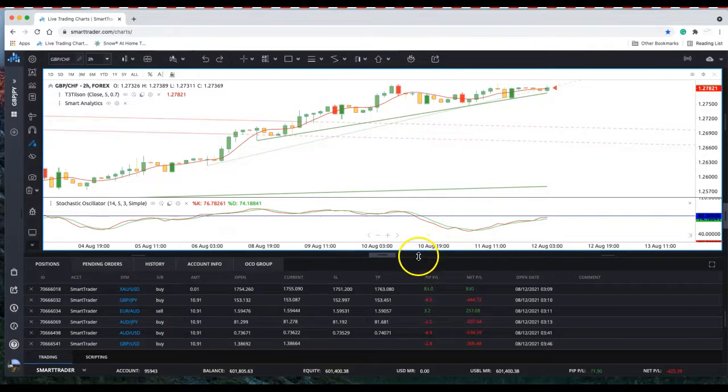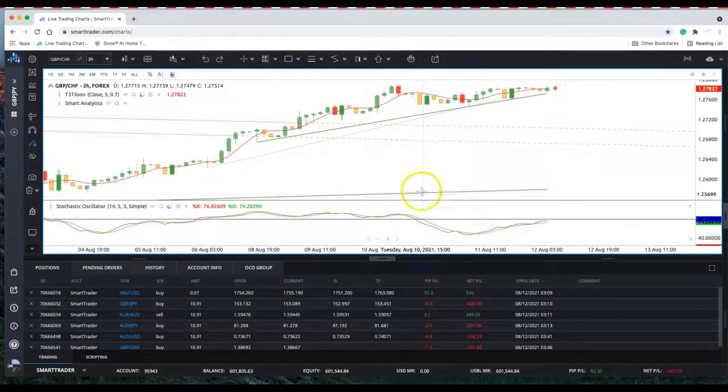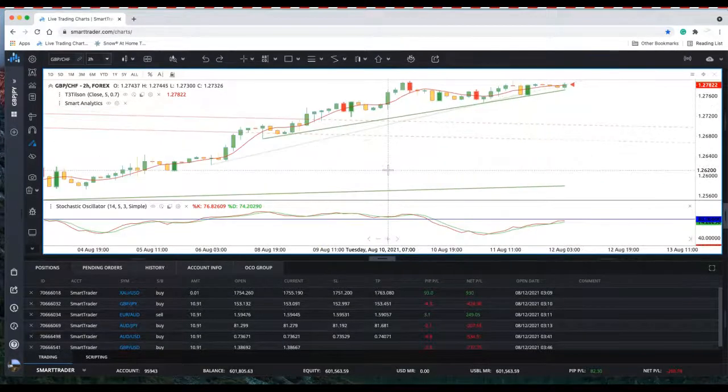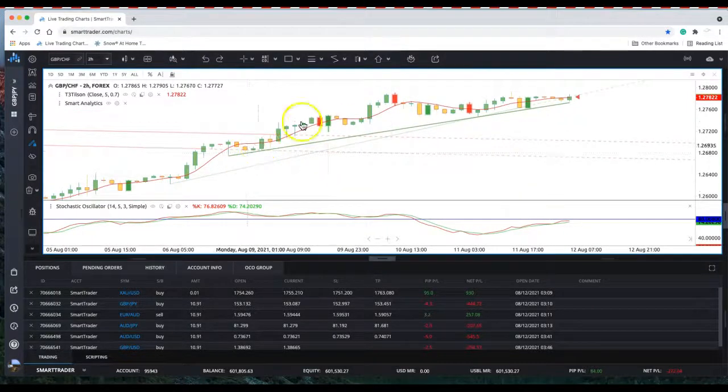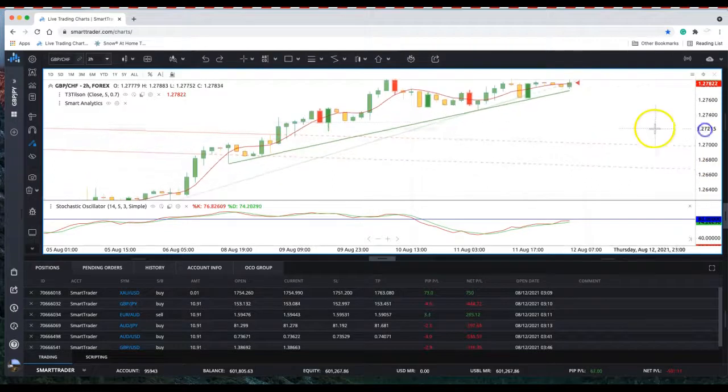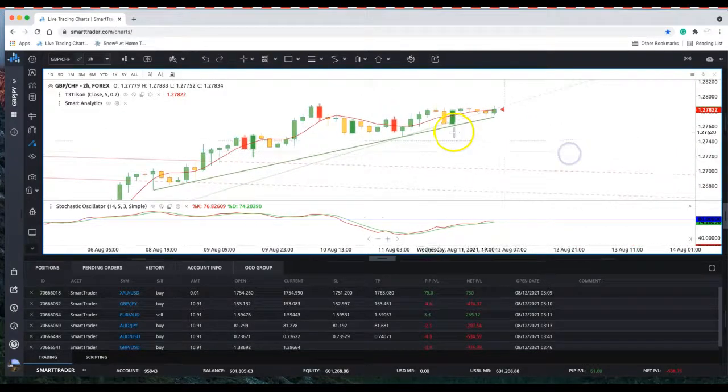This is pound Swiss, and pound Swiss has been in a clear uptrend. And again, higher highs, higher lows. We take a trade when the market pulls back. So in this example, we take our Fibonacci tool.